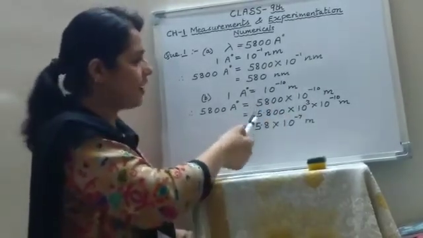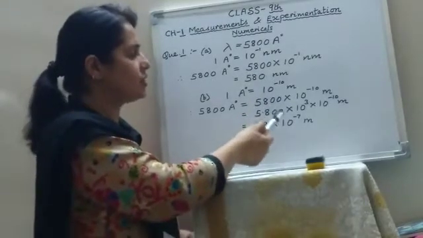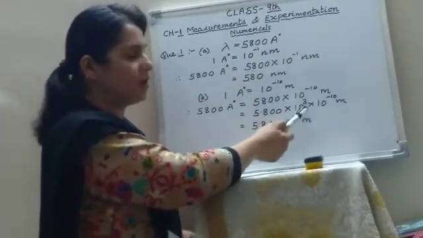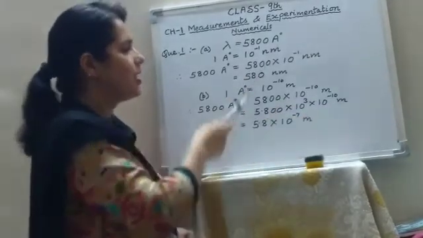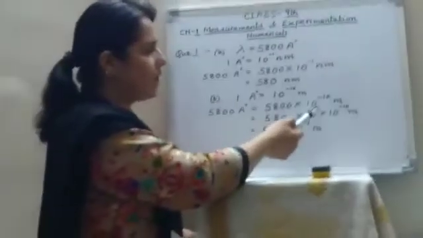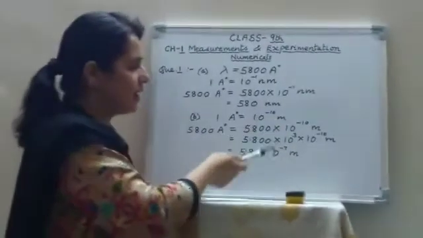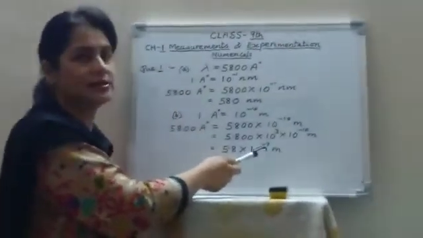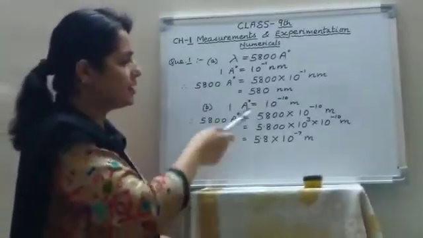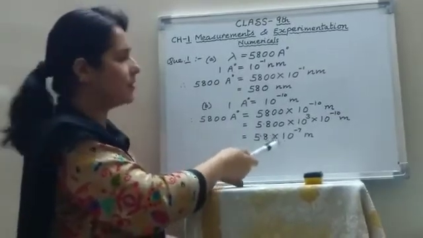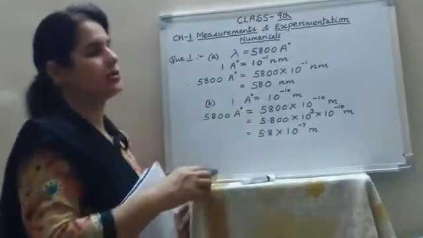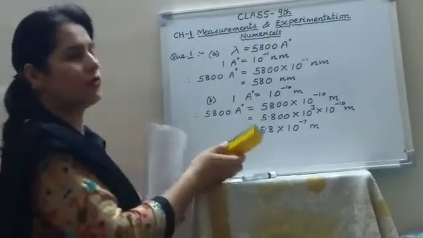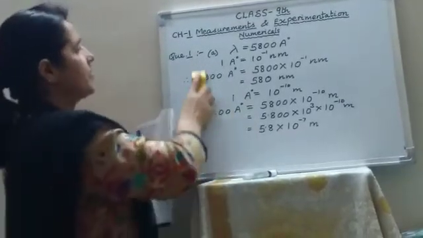So it becomes 5.800 into 10 to the power 3 into 10 to the power minus 10 meter. So 10 to the power 3 into 10 to the power minus 10 becomes 10 to the power minus 7. So we can write it as 5.8 multiplied by 10 to the power minus 7 meter. So this is the answer of question number 1.